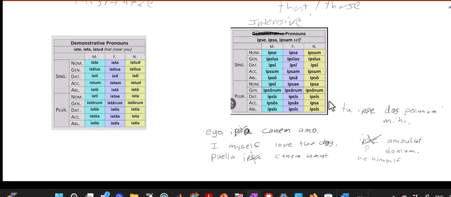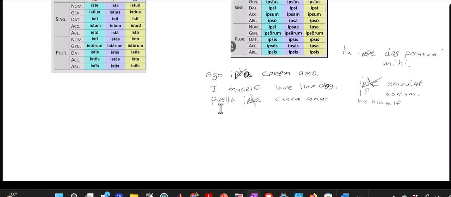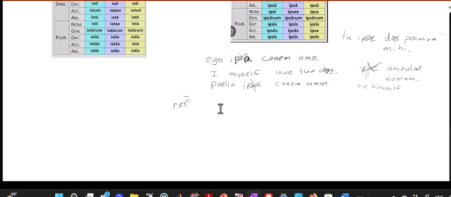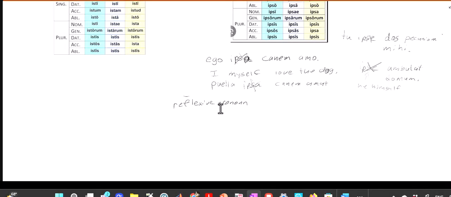Well, this is not one of the words that is declined like these, but in English they are similar. In Latin they are not. And so you also have the reflexive pronoun. Because it refers back to the subject, it cannot be the subject.